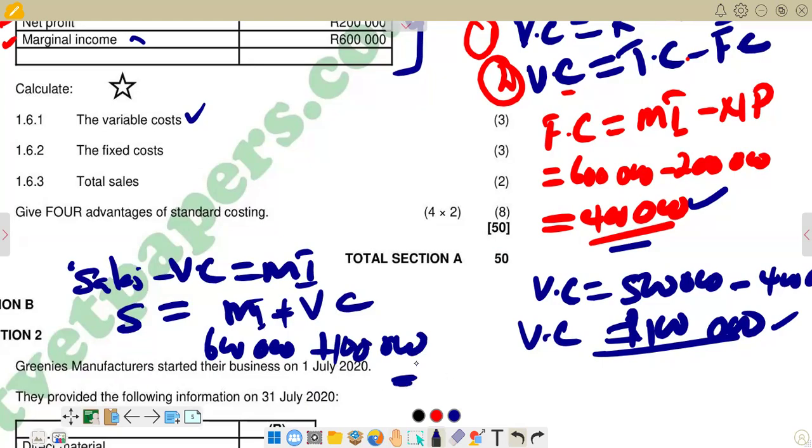So the figure that we are going to get for sales now is 700,000 rands. So this is our sales figure. Our sales or revenue figure is now 700,000.